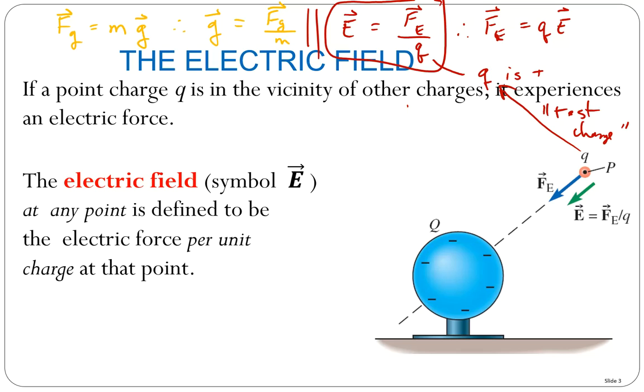You're saying, what if? If I put a positive charge at point P, what direction will the force be? In this picture, capital Q, as indicated with the minus sign, is a negative charge. So if I have a negative charge and I put some random positive test charge outside of it, what direction will the force be?